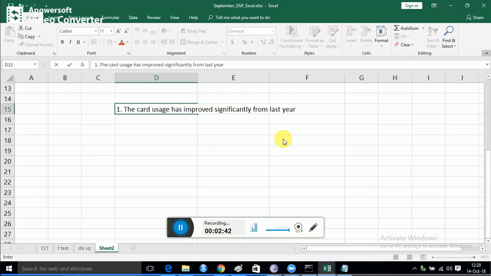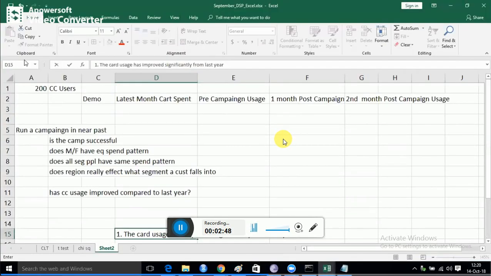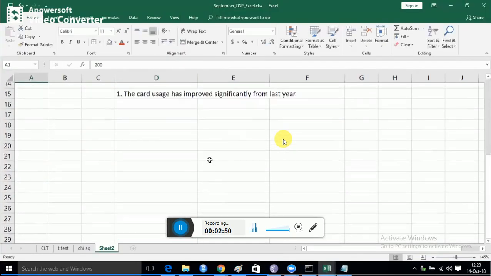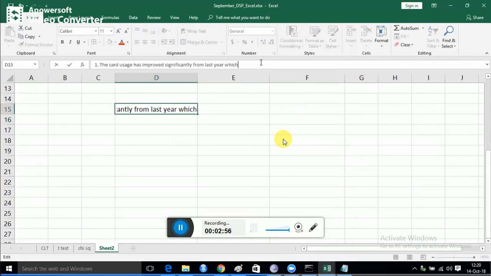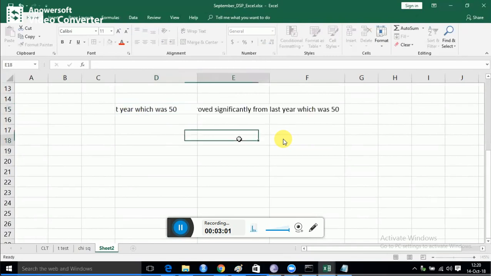That's the first question. The sample size is 200, Prerna. I said, right, 200 credit card users. So the first question is, card usage has been improved significantly from last year, which was 50. Last year it was 50. This year it has been improved, right?